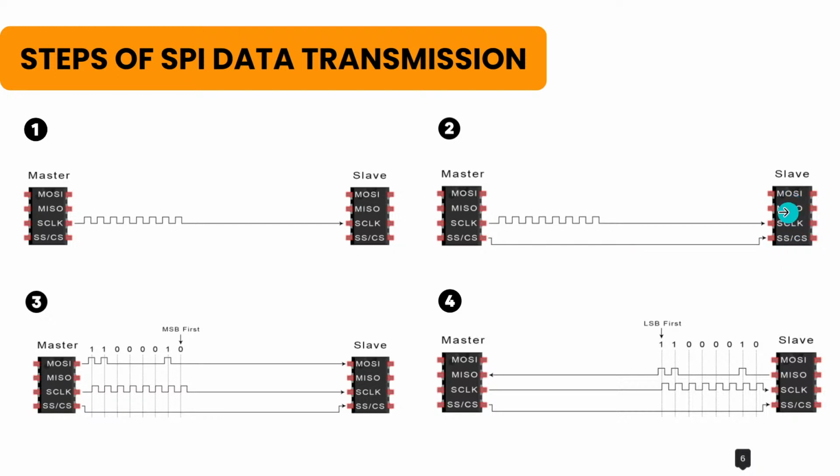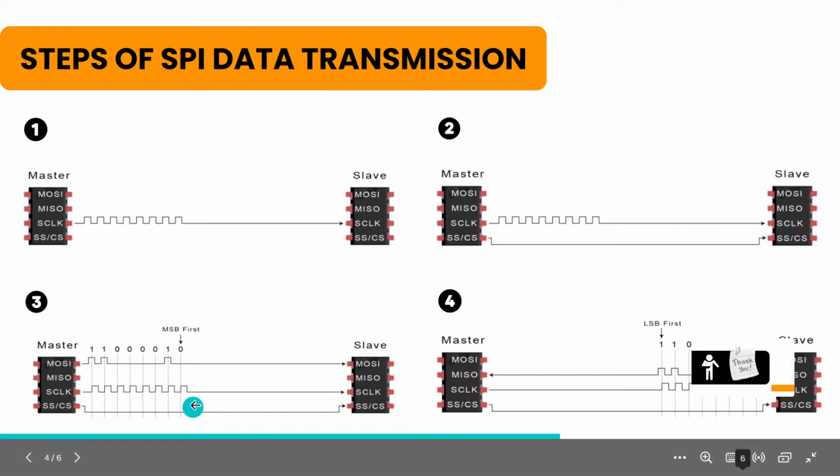By default, the slave is at a high voltage level. To turn it on, the master sends a low voltage state to the slave. The third step is the master sends data one bit at a time to the slave along the MOSI line. The slave reads the bits as they are received.